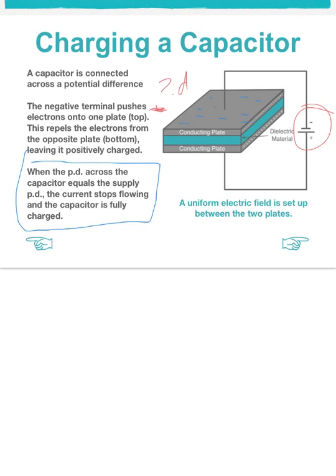Now this is really handy for mathematical questions, because if you have a 6-volt battery charging this capacitor, when the capacitor has charged, the potential difference it will have available will also be 6 volts. So that's an interesting thing to bear in mind later for numerical questions.